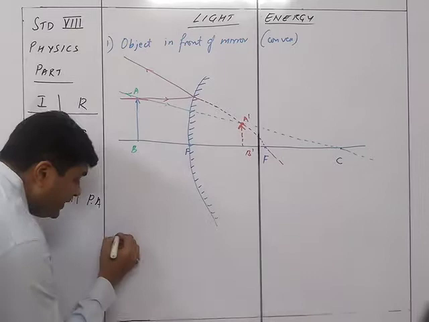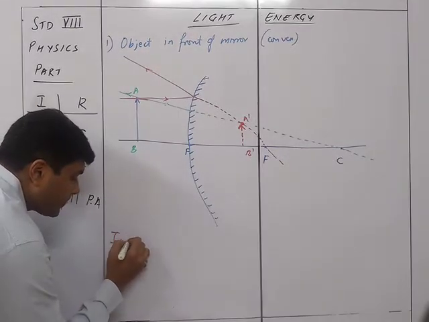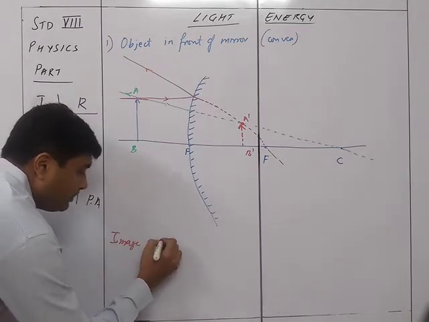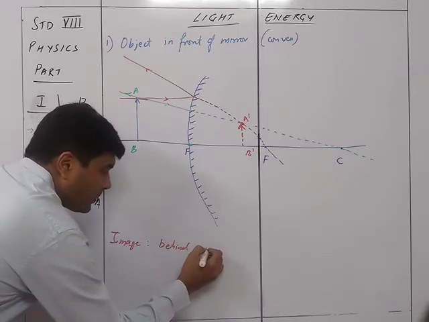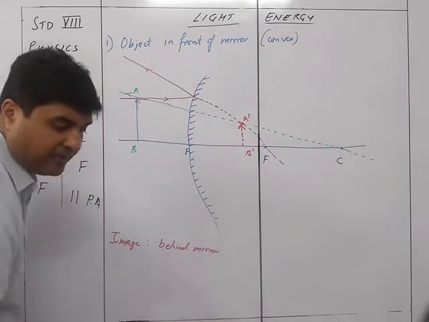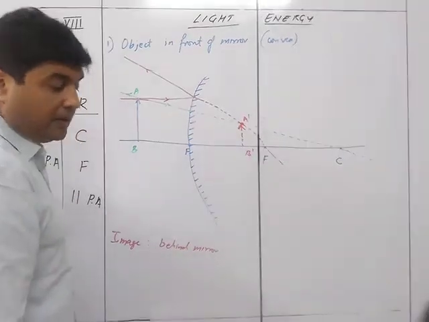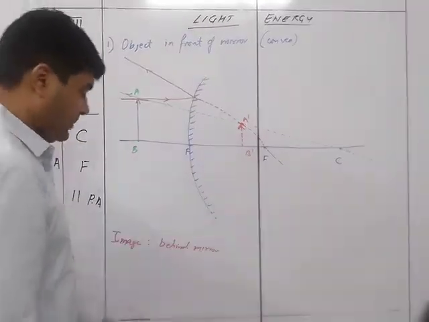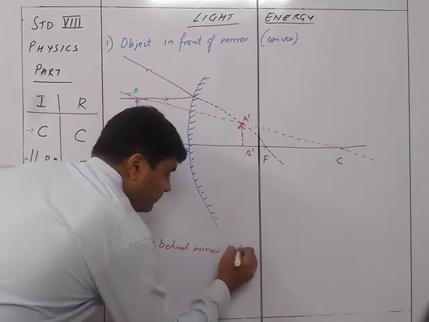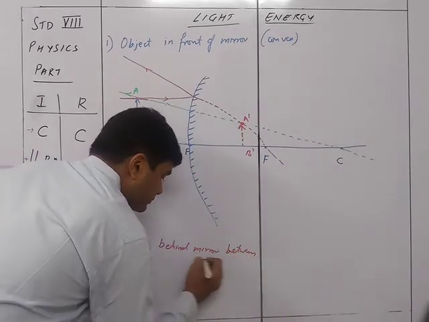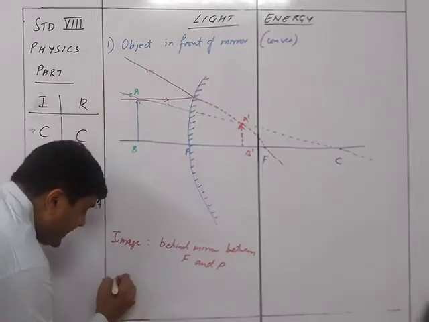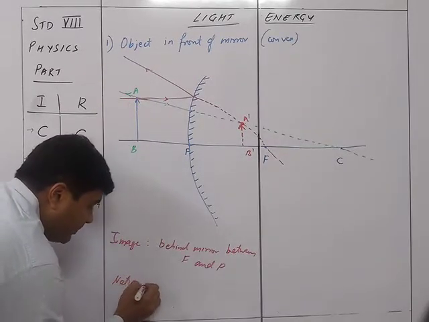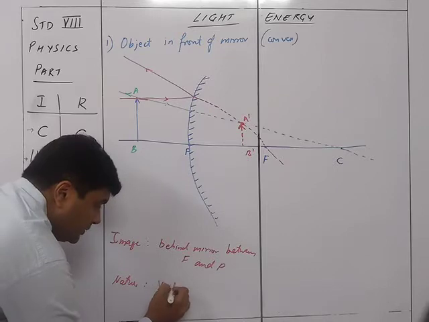So the image will be behind the mirror, between F and P, and the nature will be virtual.